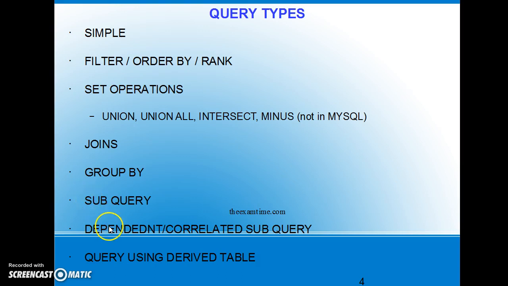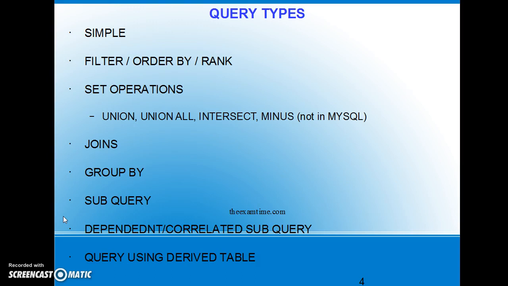Whereas you have a dependent subquery, a correlated subquery, where a parent table column is involved in the child subquery table join. So it is similar to a join, but for every parent column value, this subquery will be fired with the particular values that you joined in the correlated subquery. For example, you want to find out which department is not having any employees.